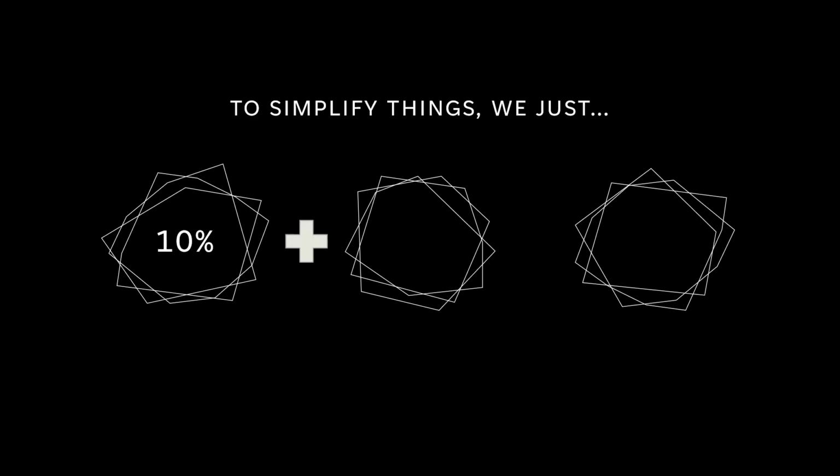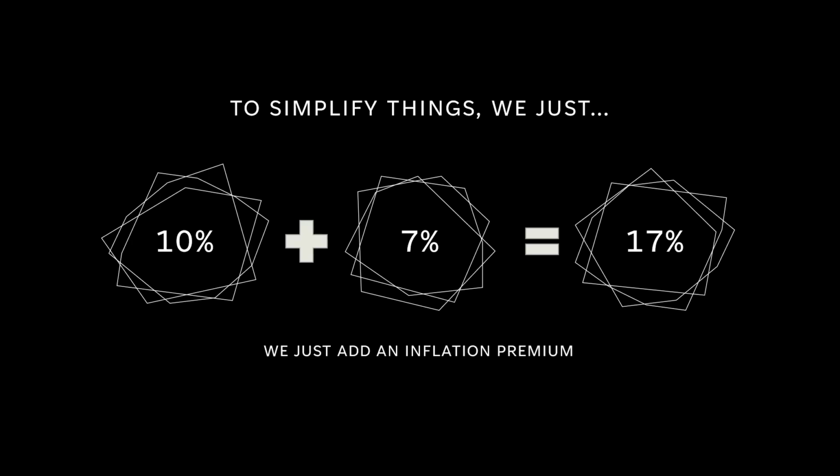That is 10% plus the 7% inflation rate, which acts as the inflation premium, is equal to 17%. Again, we just add an inflation premium in order to arrive at the nominal rate of return required. In this case, 10% plus 7% is 17%.